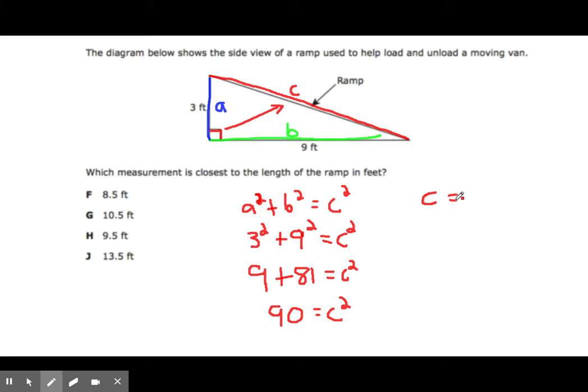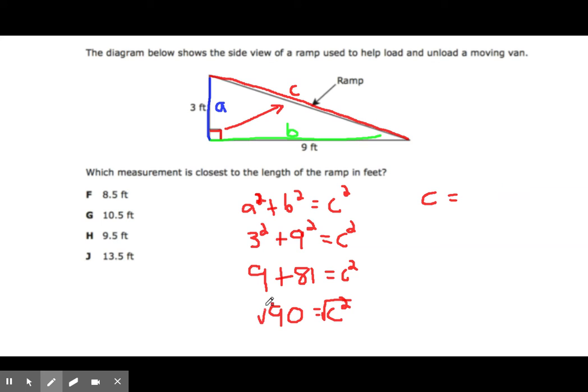So in order to do that, remember, think back to how we solve equations. We solve equations by doing the opposite, right? So to find out what C is, I need to do the opposite of squaring a number. Well, I know the opposite of squaring a number is taking the square root.